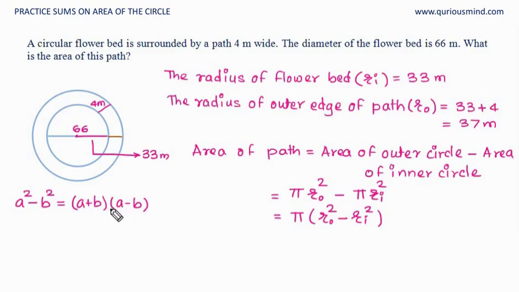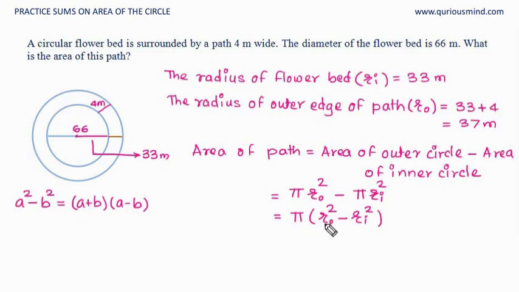Minus ab plus ab gets cancelled and remains is a square minus b square, which is this. So when we solve these, we get a square minus b square, and hence we can use the corollary that a square minus b square is a plus b, a minus b.